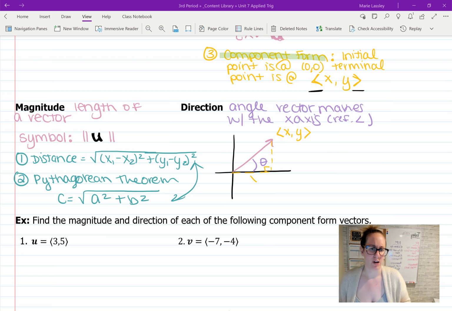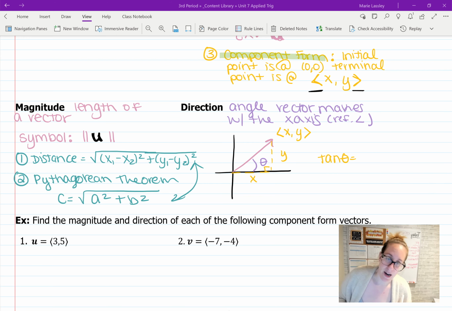If we want to know what theta is, wouldn't we just do the tangent of theta? Because opposite is going to be the y value, adjacent is going to be x. When we're given it in component form, we know both the x and the y. So we set up tangent theta equals opposite over adjacent.